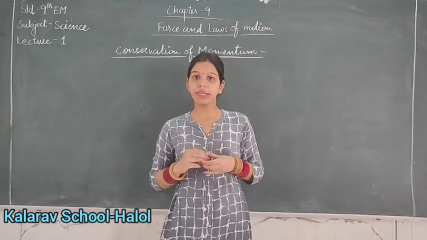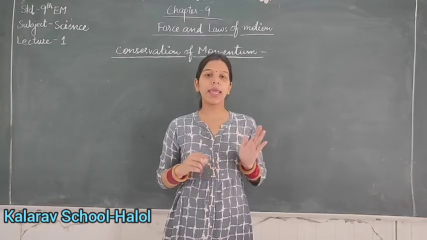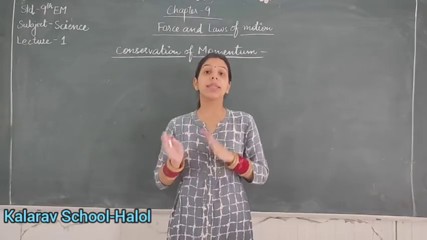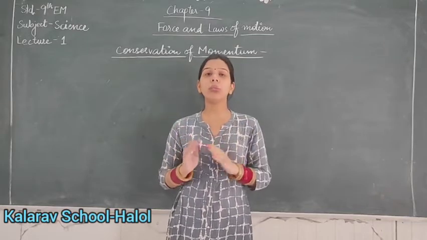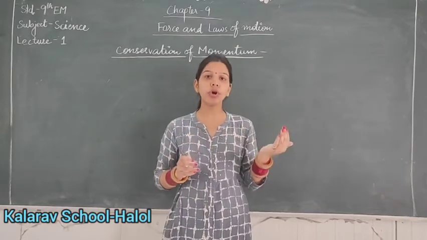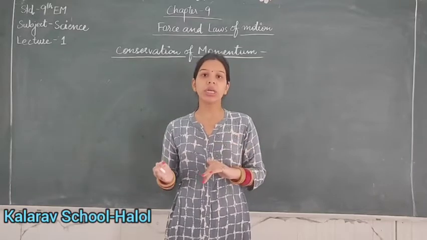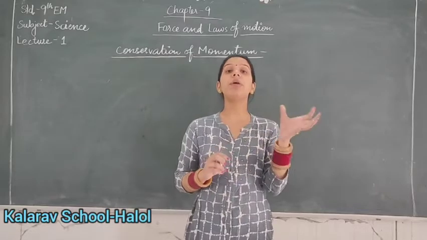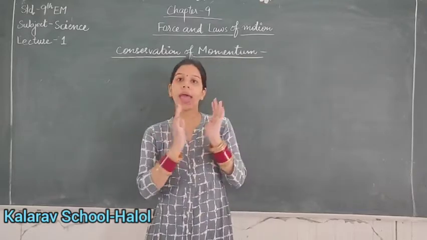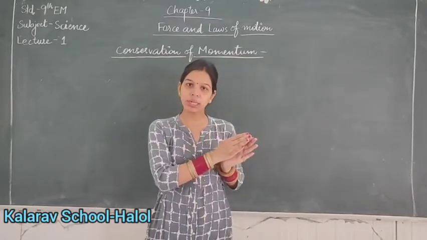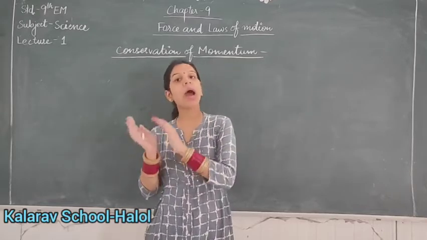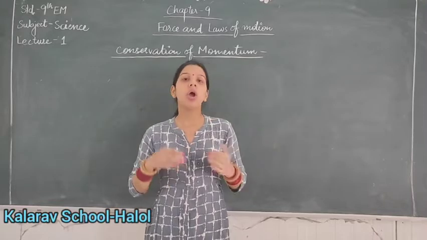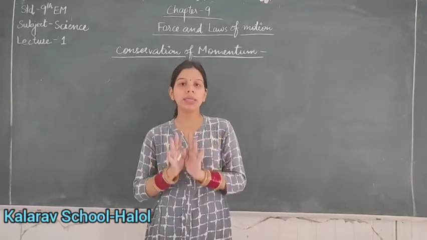Conservation of momentum means if a body A exerts a force upon body B, then the total momentum of both the bodies before and after the collision remains conserved. So what is the conservation of momentum? If bodies A and B have momentum before collision and momentum after collision, the momentum initially and finally remains the same.